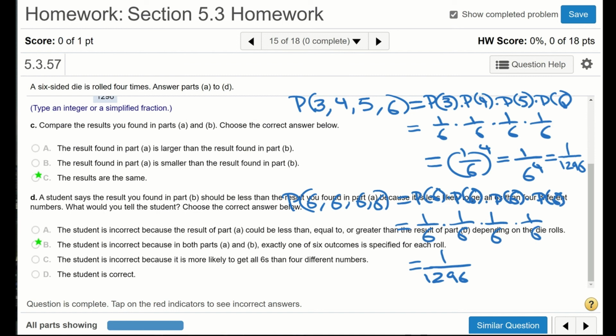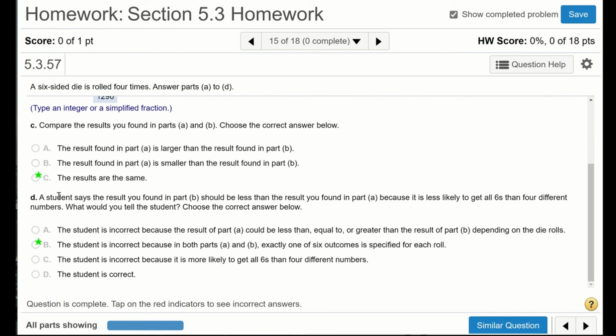Let me go ahead and move these out of the way now that we know what they are. A student says the result you found in part B should be less than the result you found in part A because it is less likely to get all sixes than four different numbers.